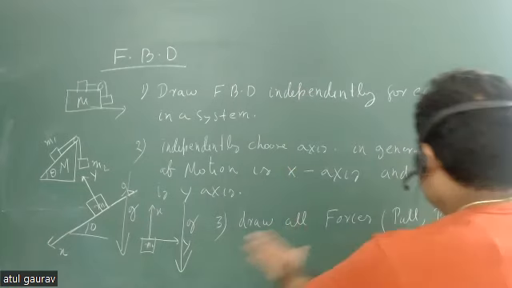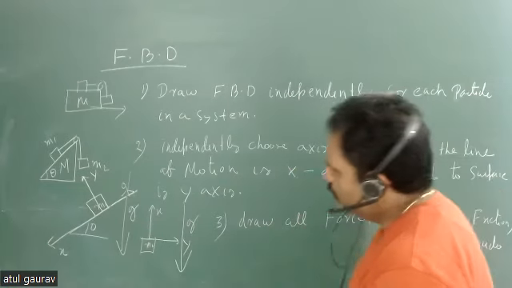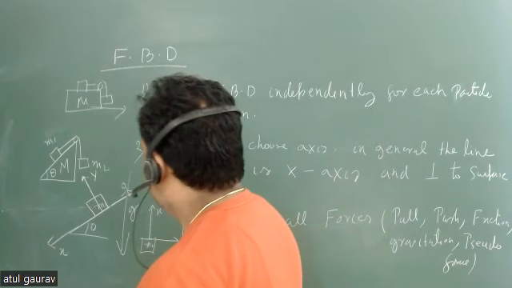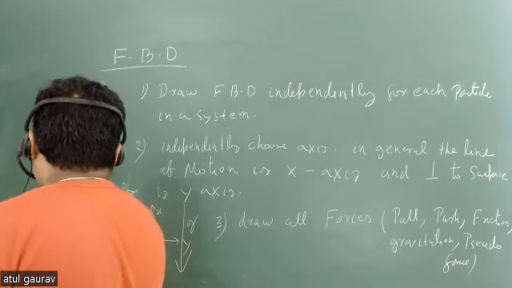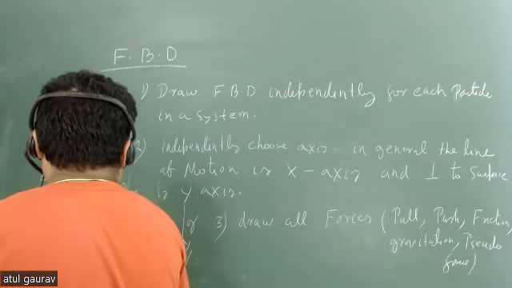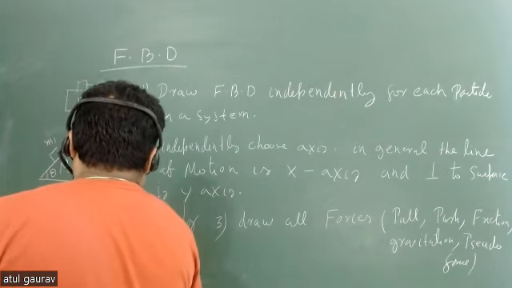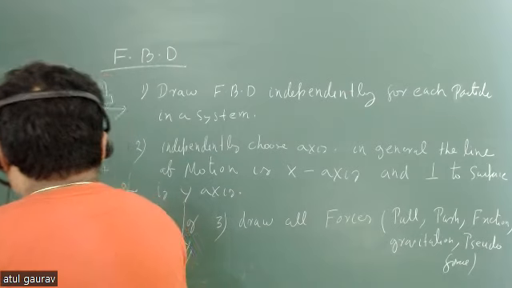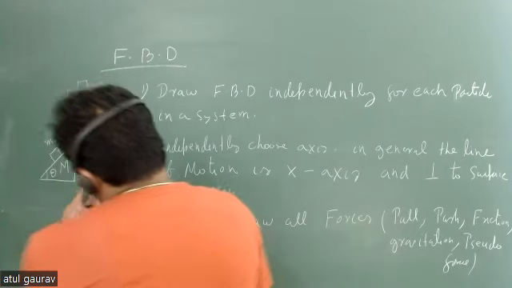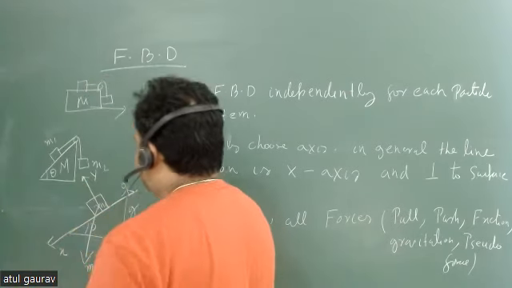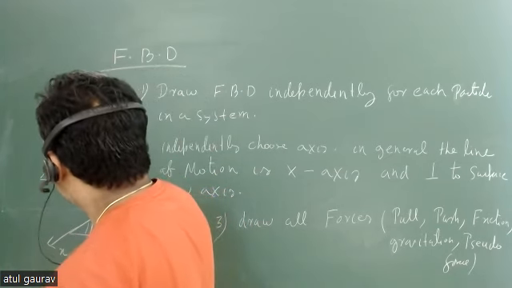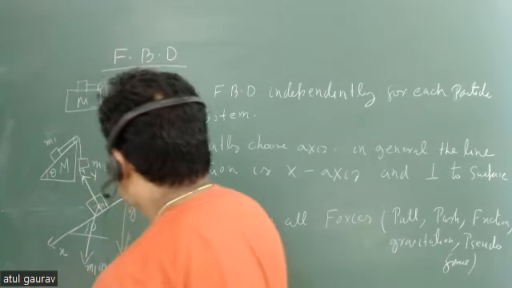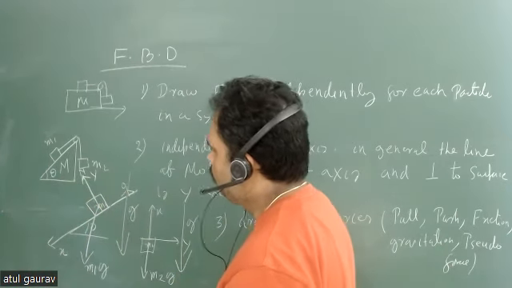Okay, so you will draw the different forces. What does drawing different forces mean? All the possible forces: suppose this is your weight m1g, this is your weight m2g. First of all, you will write the weight. Now this weight is pulling it down, so obviously there will be some normal force, right? Are you getting my point or not?